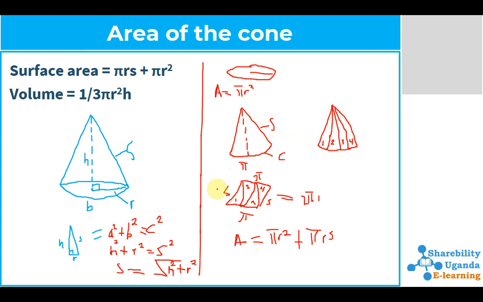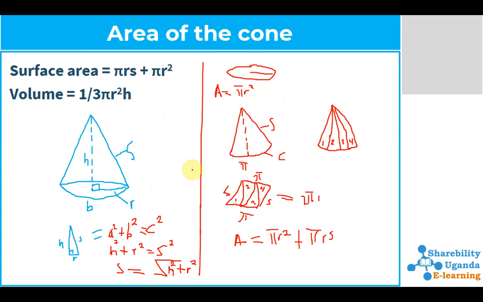Similarly to that, the volume now, we know that we have what we call the height in our cone, and we know the pi r squared, which is the circle, and the height in it, which is here.